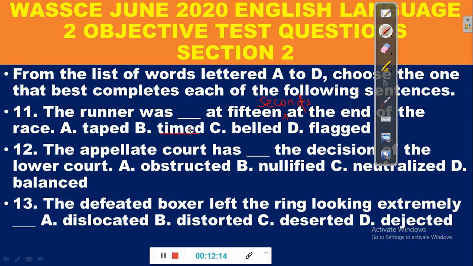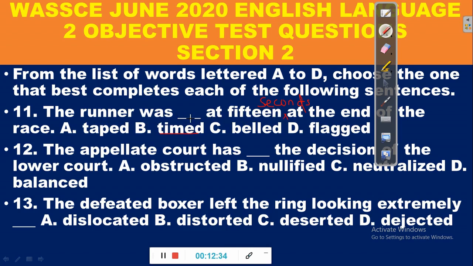That is exactly what timing means here, and it corresponds with this sentence. So we can say the runner was timed at 15 seconds at the end of the race.